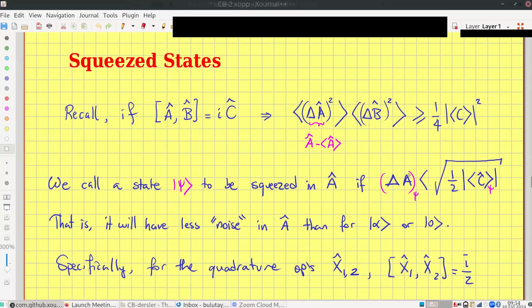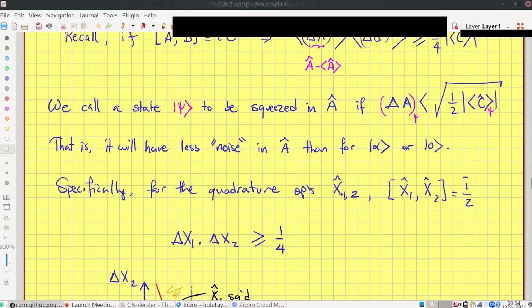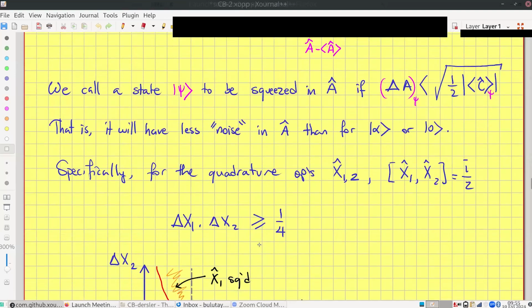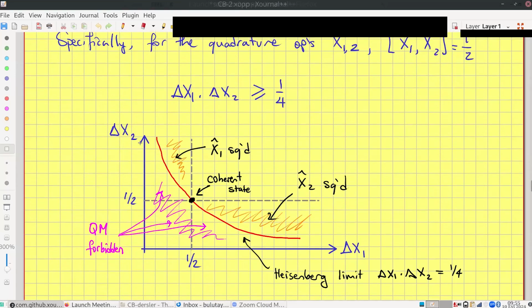Sabih Hoca mentioned these quadratures x1, x2, and he derived these variances. Okay, so here is the plot of the standard deviation x2 and standard deviation x1, and this red line is the Heisenberg limit.